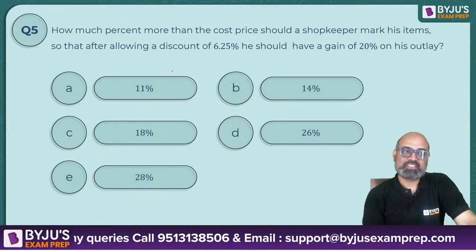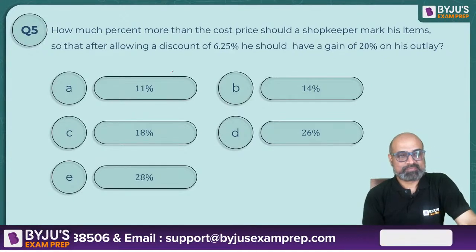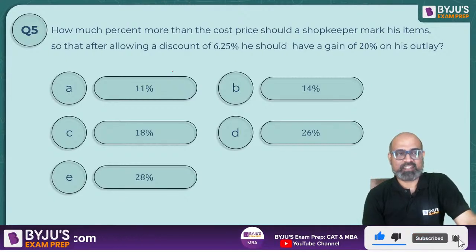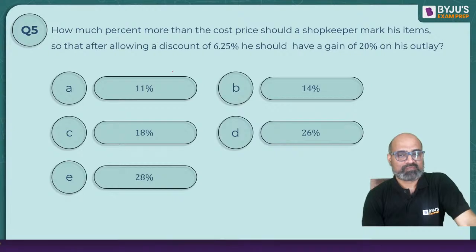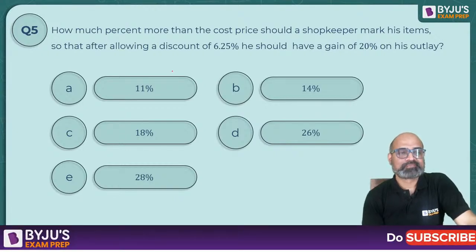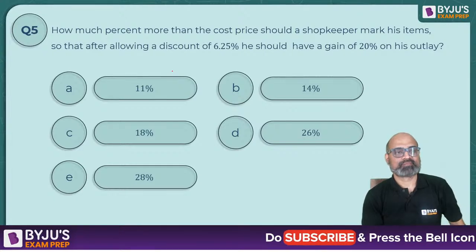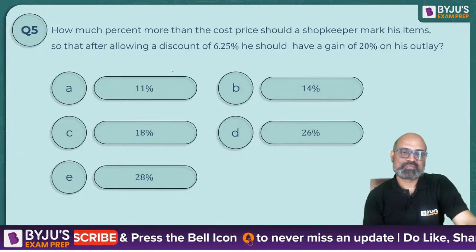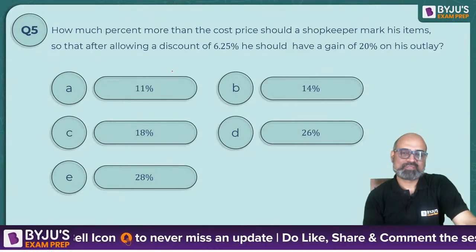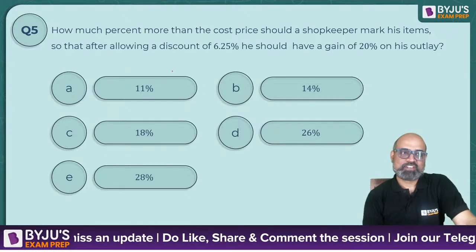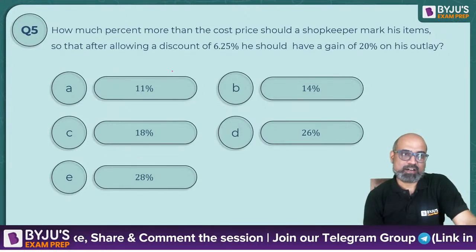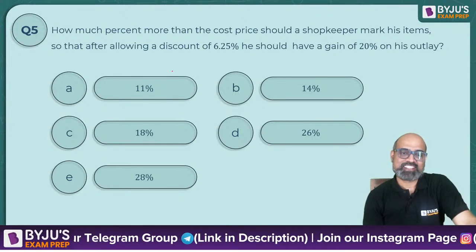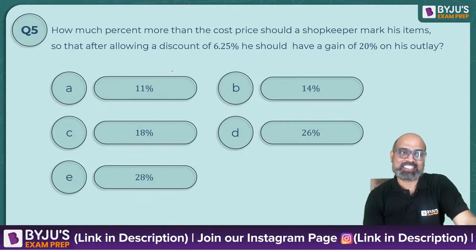Atul says D. Ankit says D. Mo says E. Vishnu says D, C. Ameya says E. Rohan says E. A lot of E's.